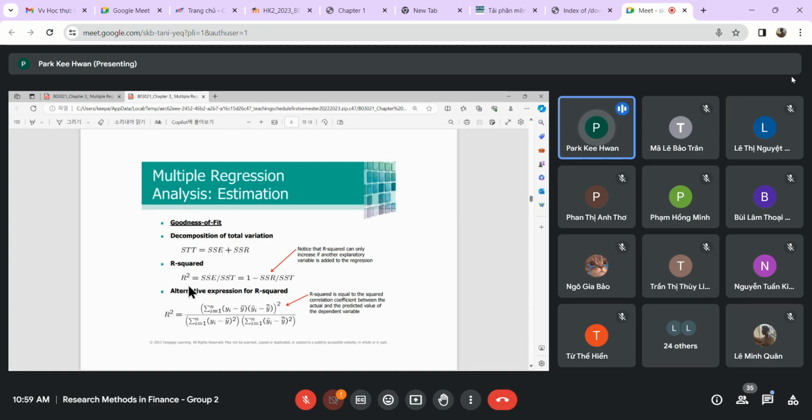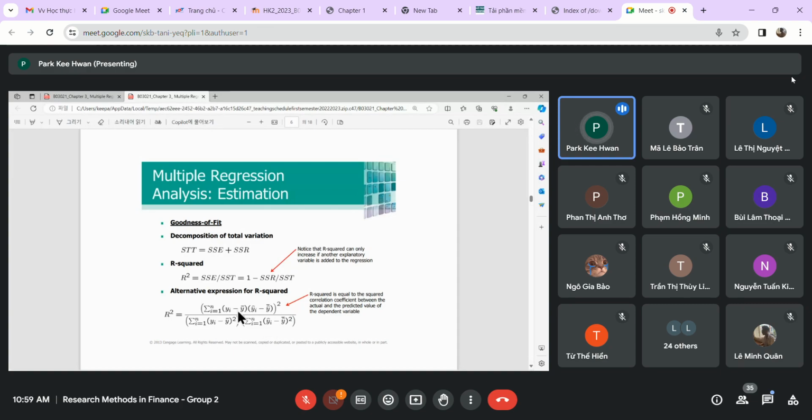A higher value of R square means your regression explains the variation in y better. A lower R square means your regression explains less. So other things being equal, we like to have a higher value of R square.